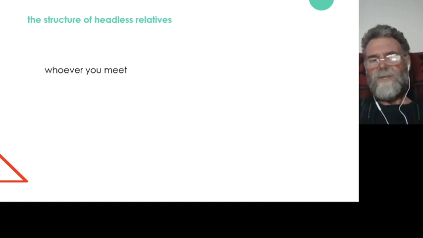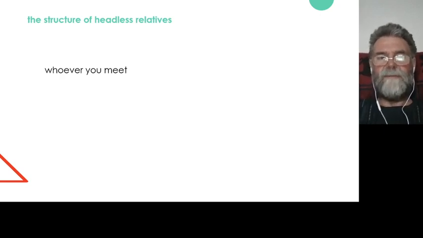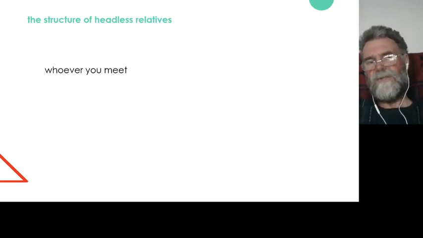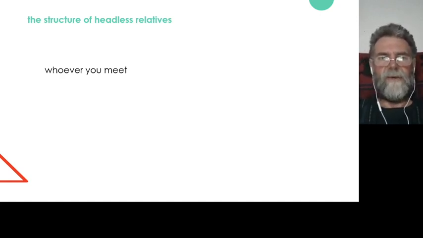However, just like the other relative clauses, we have a WH phrase of some sort at the beginning of the clause, and furthermore, that WH phrase seems to be related to some position inside the inflectional phrase. In this case, again, it's the object. So meet is a transitive verb.